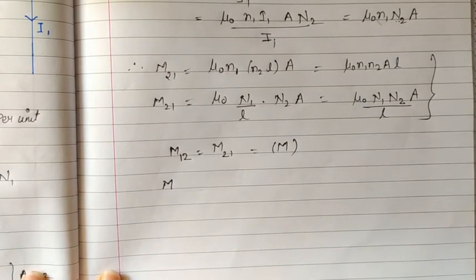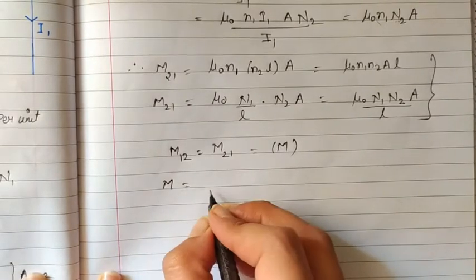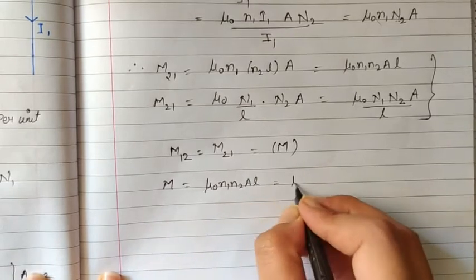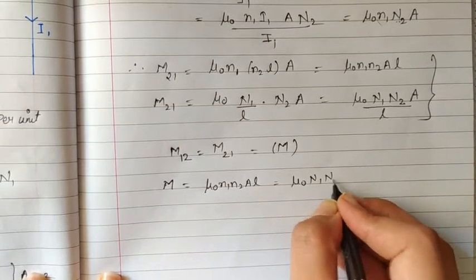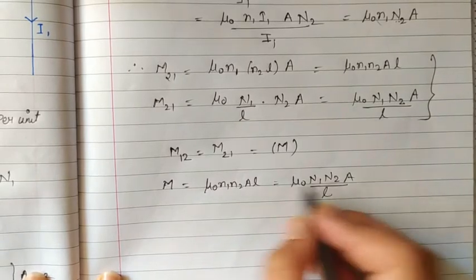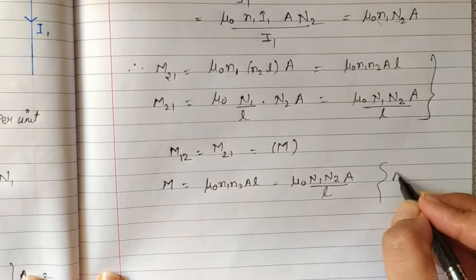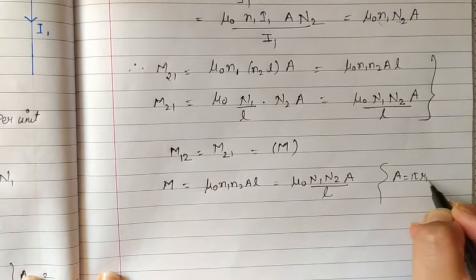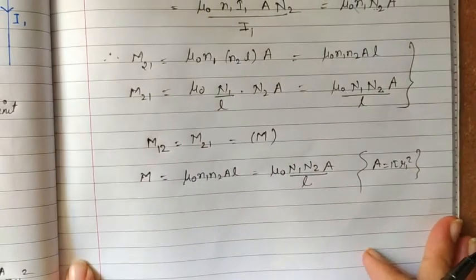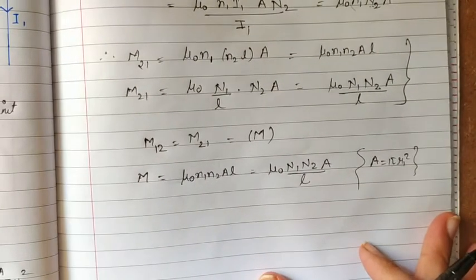For a particular set of coil it will remain same, and its value will be mu naught N1 N2 A upon L, or mu naught capital N1 capital N2 A upon L, and the area A is equal to pi r1 square, that is the area for the inner coil. Capital A is the area for the inner coil.